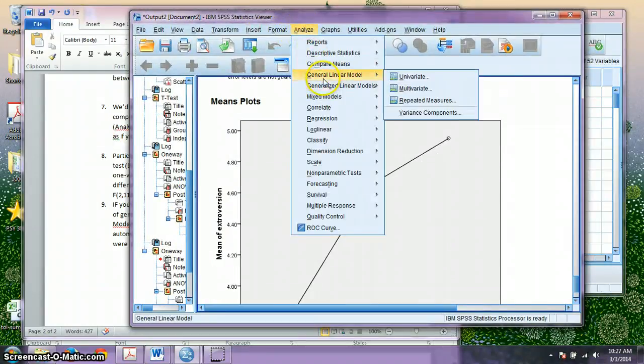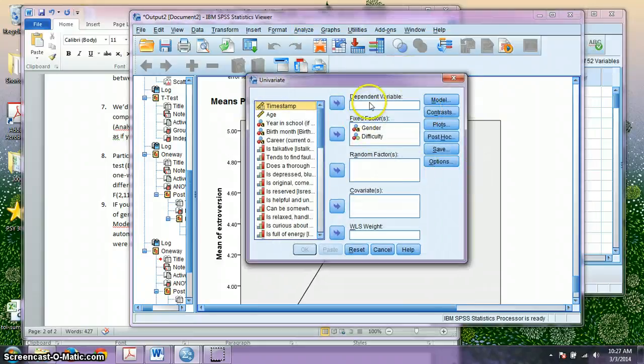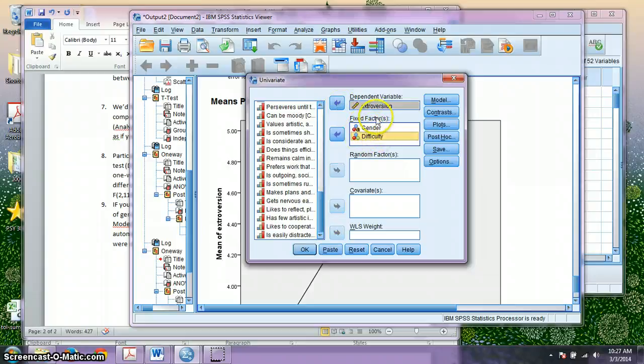So general linear model, not generalized linear model, but general linear model univariate. And now I can put in as a dependent variable extroversion, and I can put gender and difficulty in as fixed factors. In some cases, your independent variable would be treated as a random factor, but in these cases, we'll just use a fixed factor. And I'll hit OK.